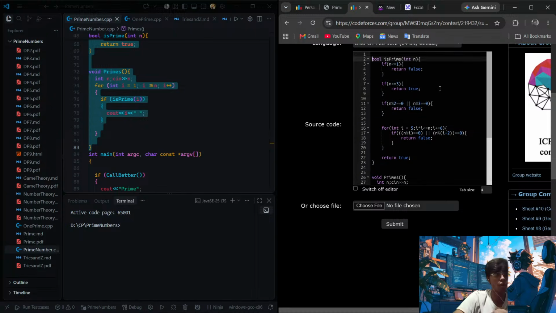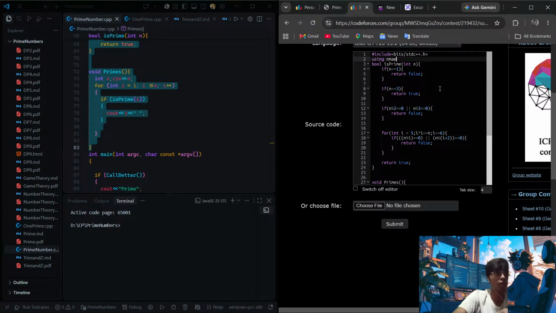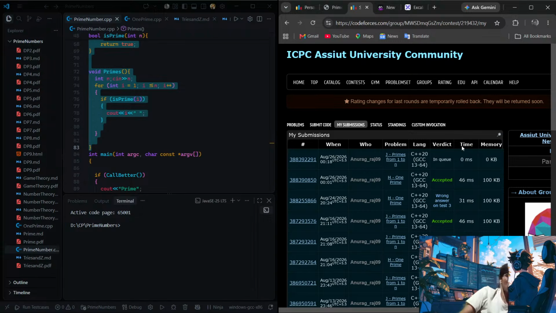I have to include two things: bits/stdc++.h, and second, using namespace std. Now, if you see here, this is accepted, but will this be an optimal approach?